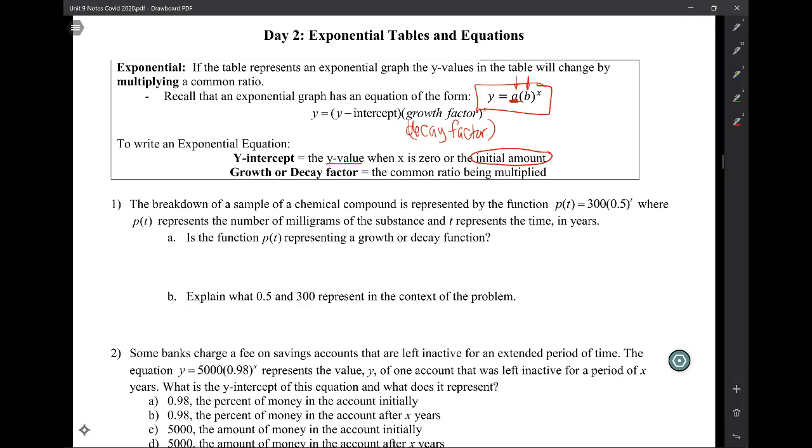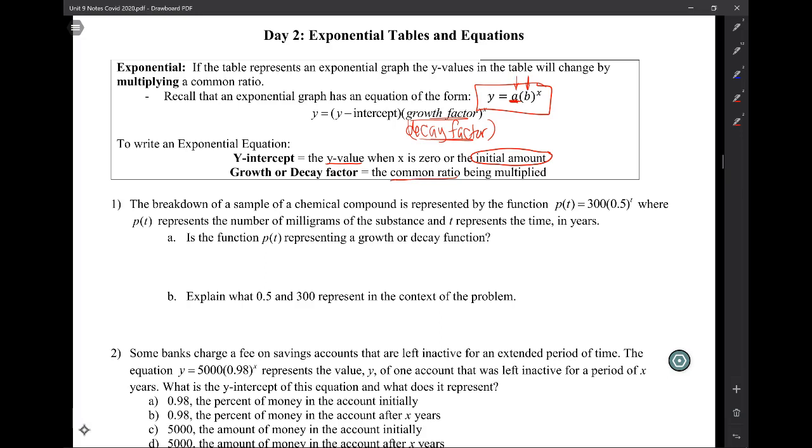So how much money you put in the bank, how many bacteria you started with, anything like that. And then the base of our exponential, either our growth or decay factor, depending on which type of situation it is, that's going to be what we call the common ratio that you're multiplying by.